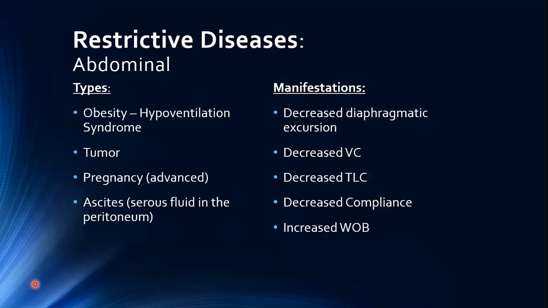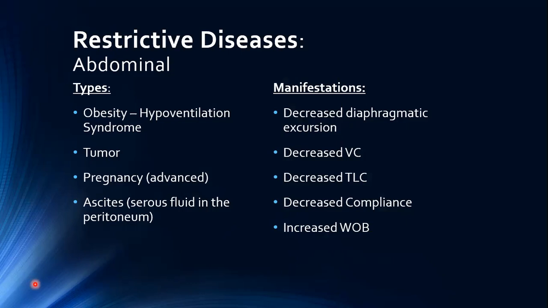When serous fluid gets down into the peritoneum, which is the space in the abdomen, and starts filling up with fluid, well, then now you have a huge watermelon size of fluid in your abdomen, which is restricting your what? Lungs. So those are some of the abdominal category diseases for restrictive problems.